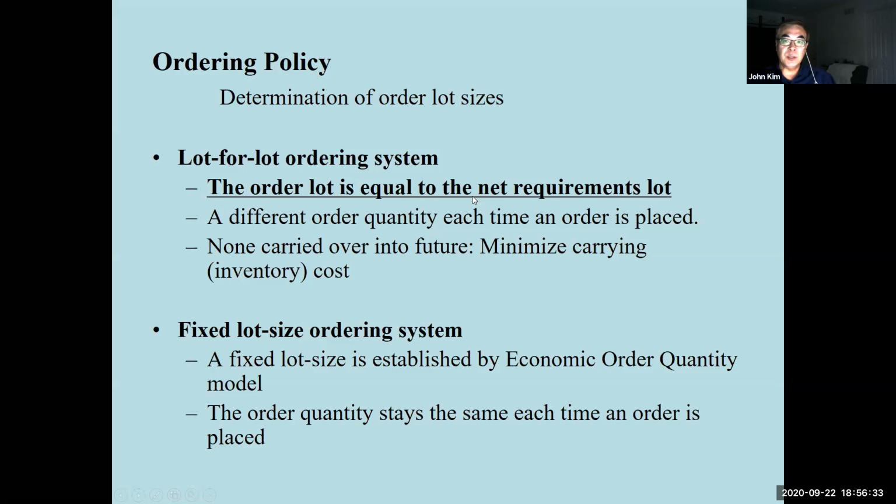If next week we need 100, but we have inventory of 50, then needed amount 100 minus inventory on hand 50, so the net requirement is 50. So order the net requirement.